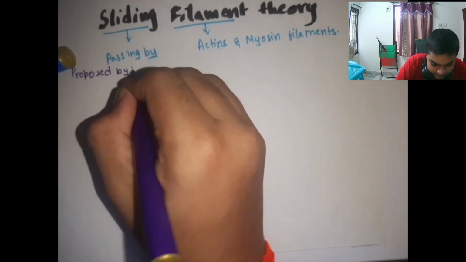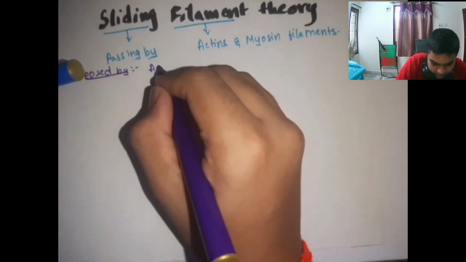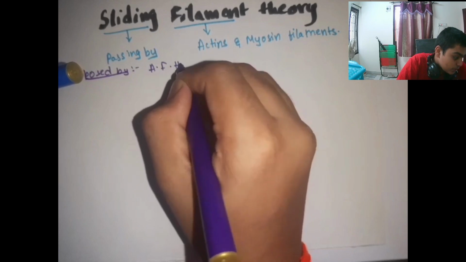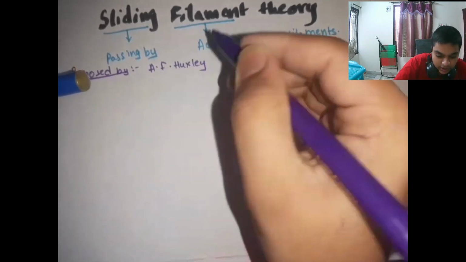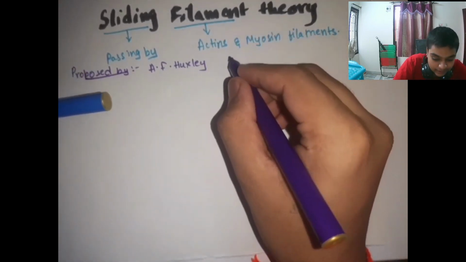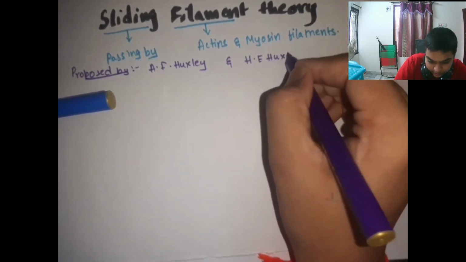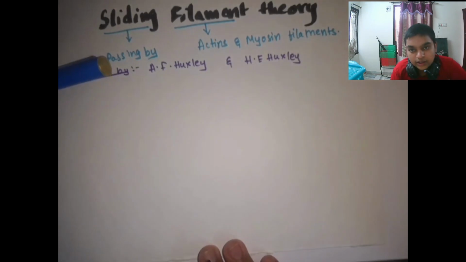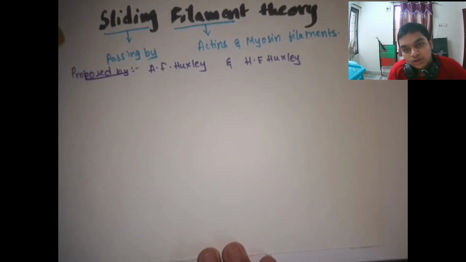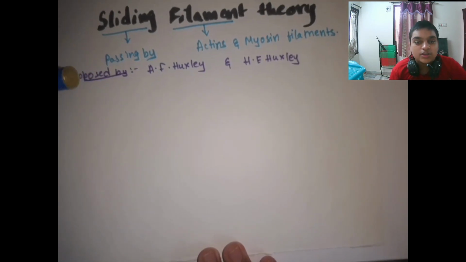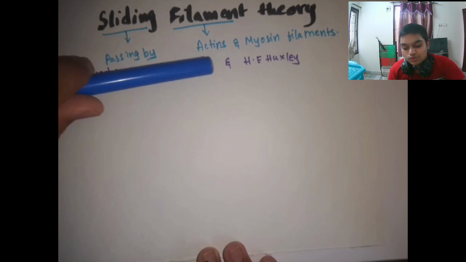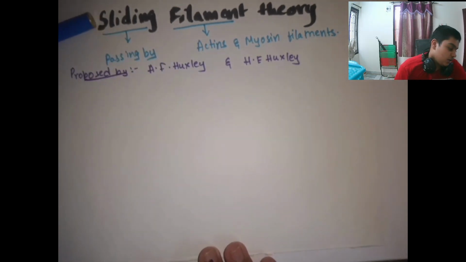Proposed by A.F. Huxley and H.E. Huxley. These are the two scientists who proposed the sliding filament theory. Okay, who? A.F. Huxley and H.E. Huxley. Now let's understand the steps in muscle contraction.